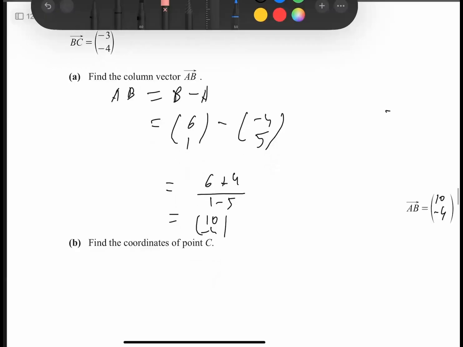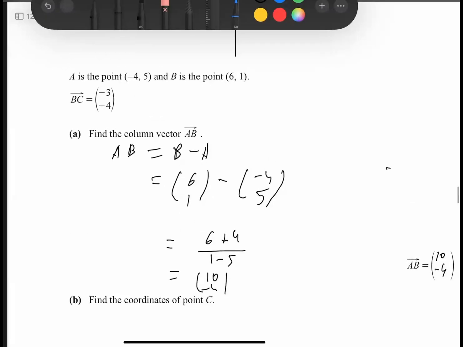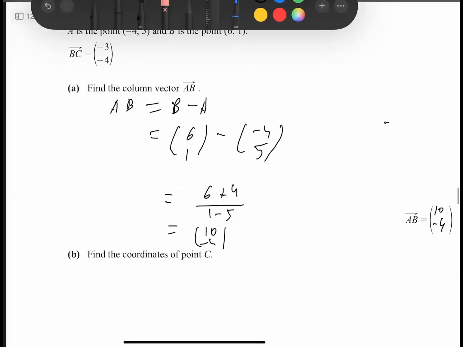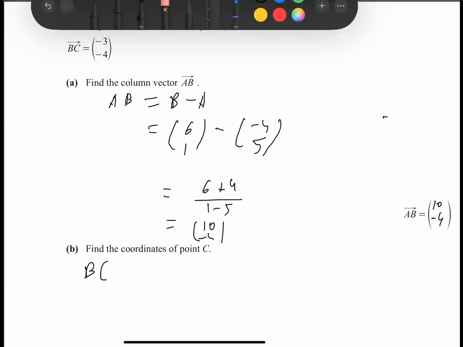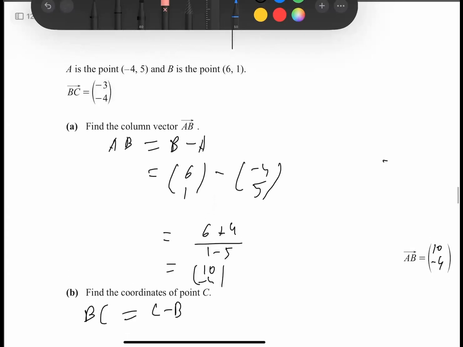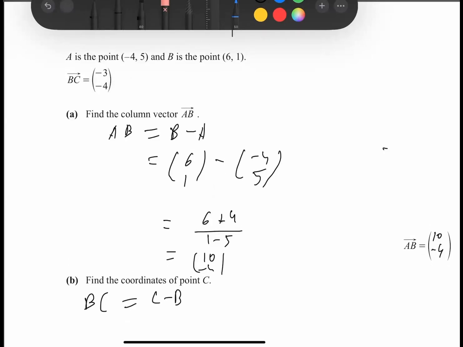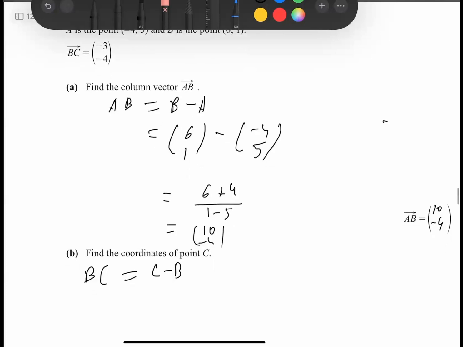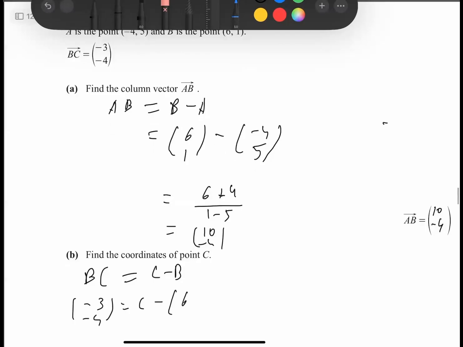Find the coordinates of point C. We know what BC is. So BC would be equal to C minus B. We don't know what C is. And we know the components of BC, which are minus 3, minus 4, and C minus 6, 1.